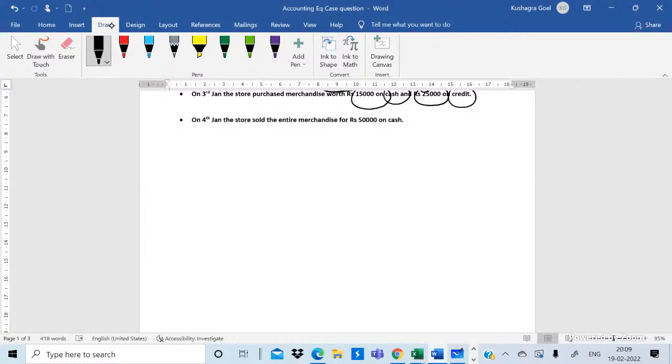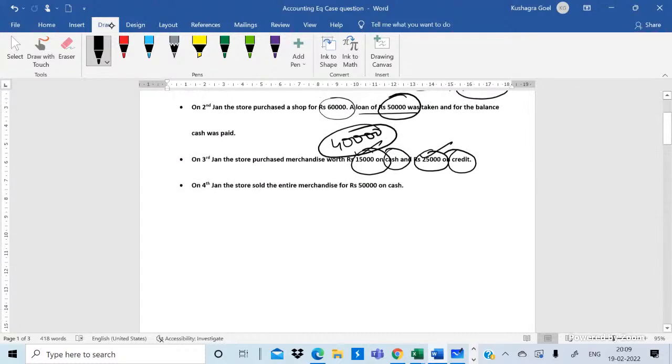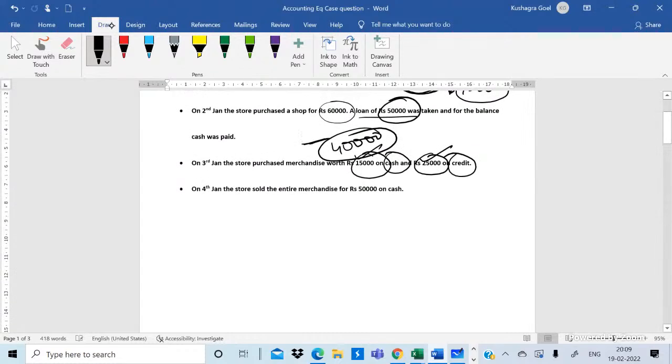So whatever stock you had, stock worth 40,000, you're selling it on 4th of Jan for 50,000. So something which costed you 40, if you sell it for 50, which means you made a profit of 10,000. So let's incorporate this information in the accounting equation.